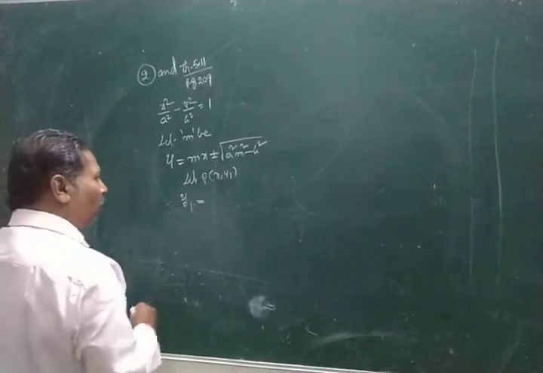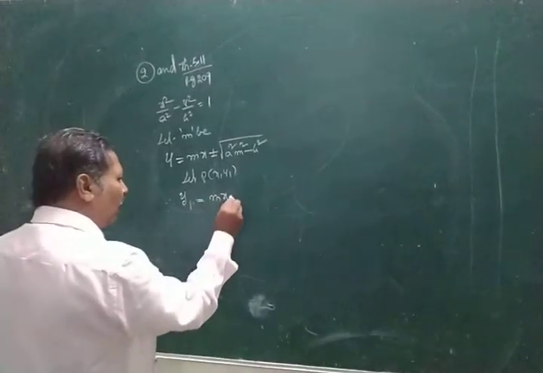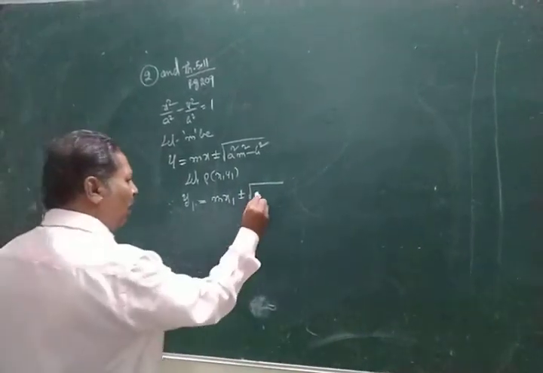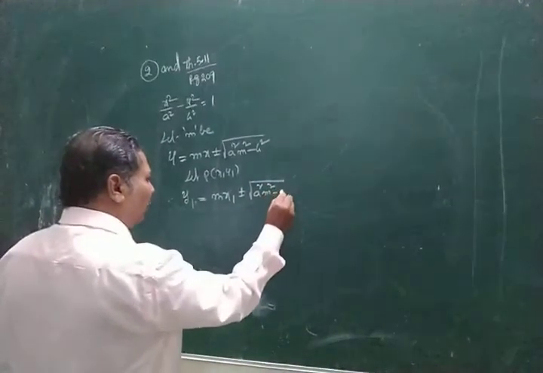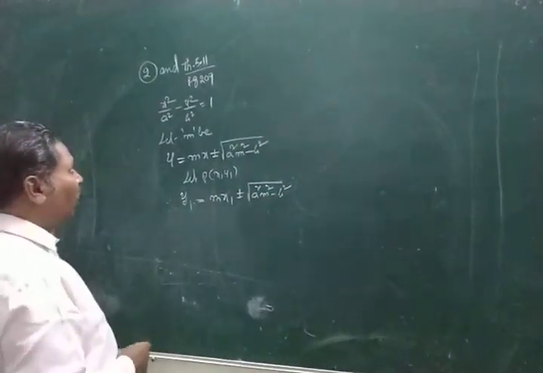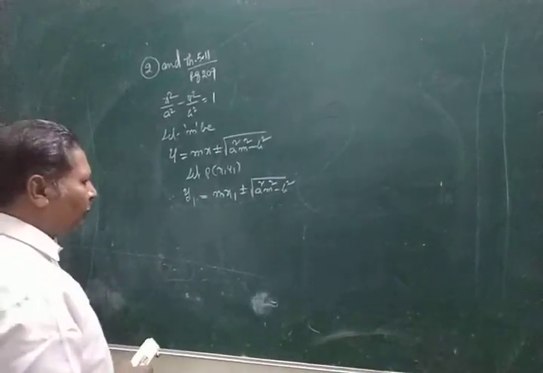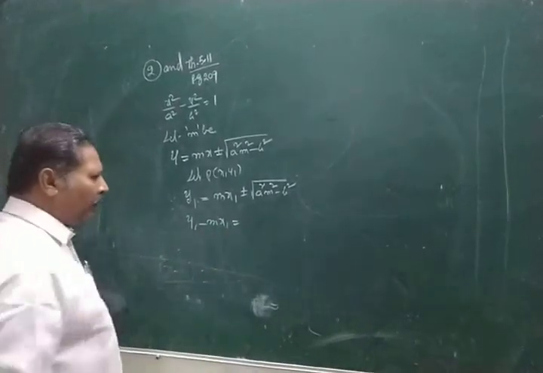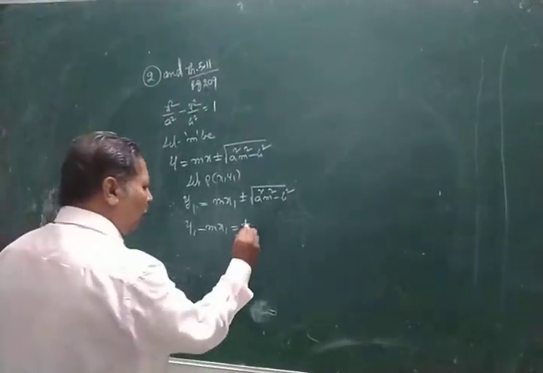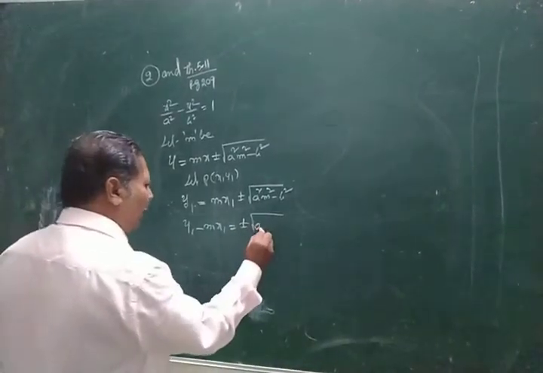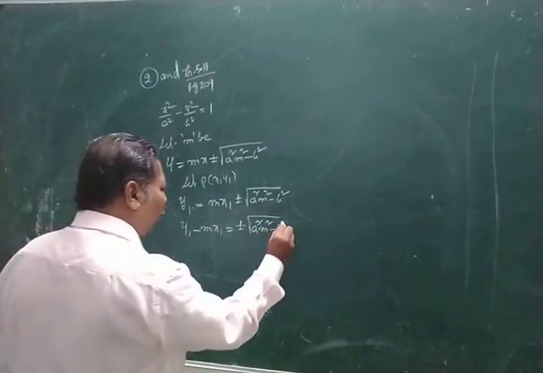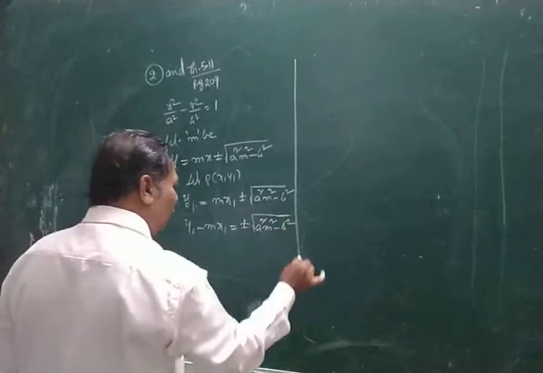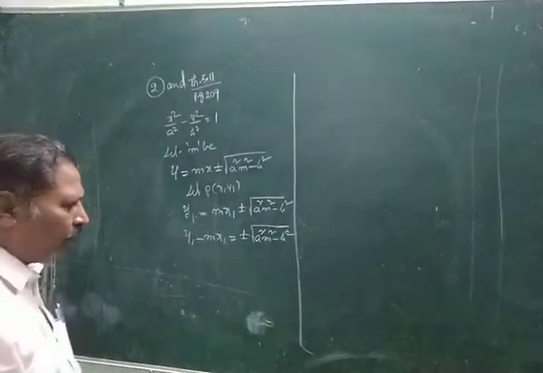Therefore, y1 equal to mx1 plus or minus under root a square m square minus b square. y1 minus mx1 equal to plus or minus under root a square m square minus b square.